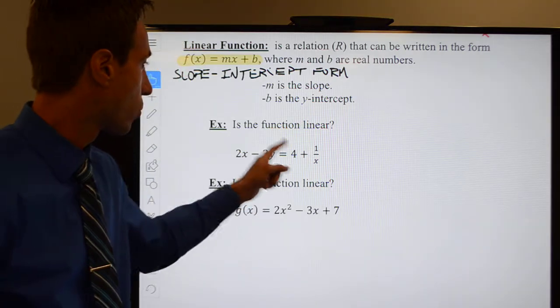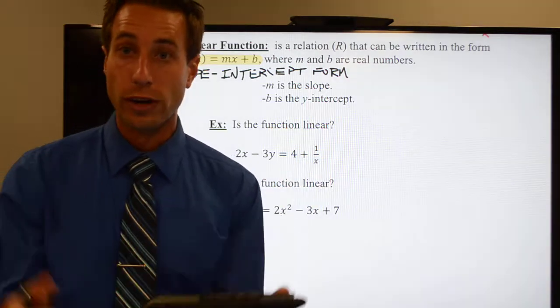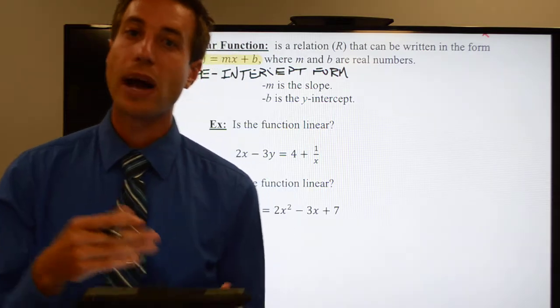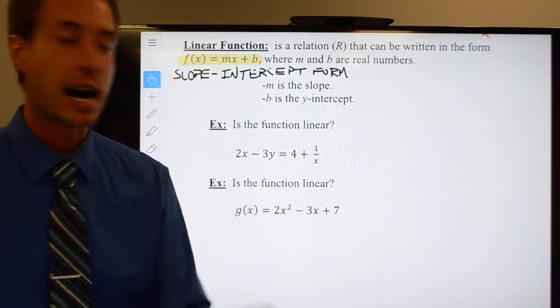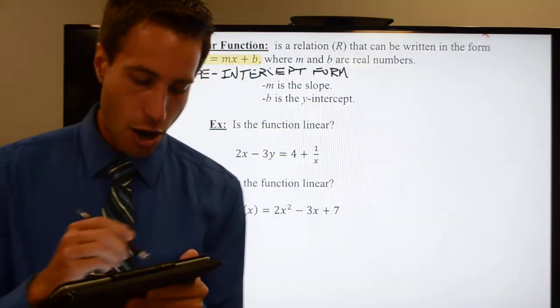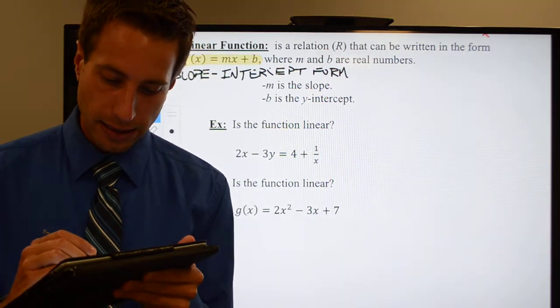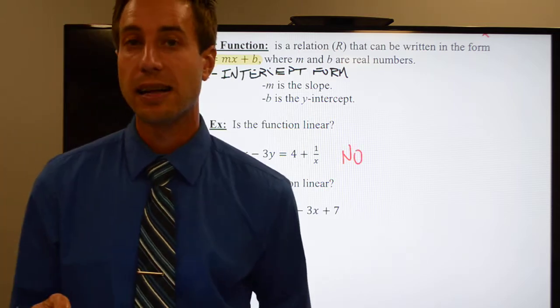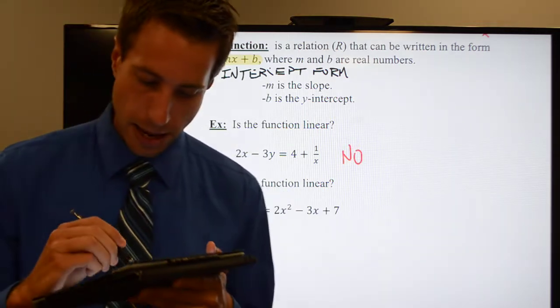Well, that's x to the first, y to the first, x to the first. We're good, so I've now passed 2 of the 3 tests. The third test is, do I have division by a variable? And aha, we do. We have an x in the denominator. That means that no, this is not a linear function. And the reason it is not linear is division by a variable.